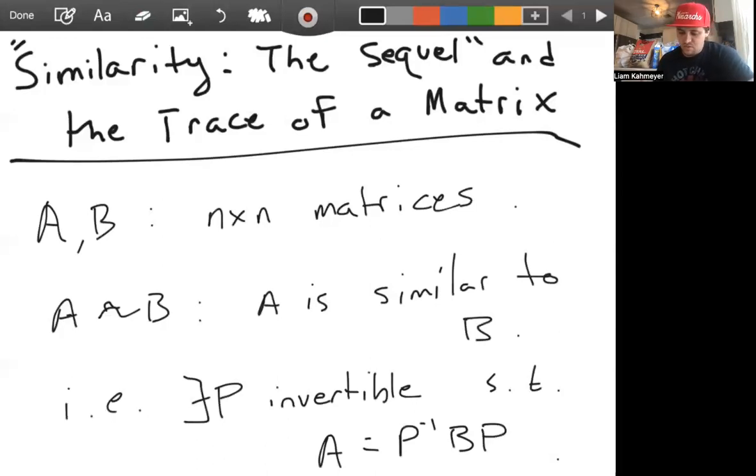And we now understand what similar matrices are and how to find them, or how to find the invertible matrix P for two similar matrices.